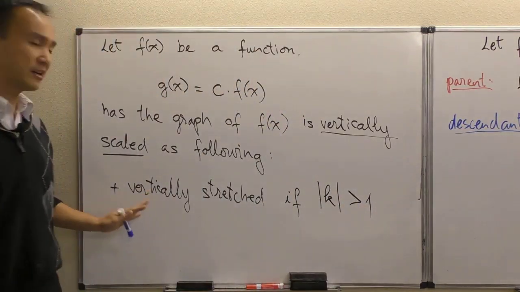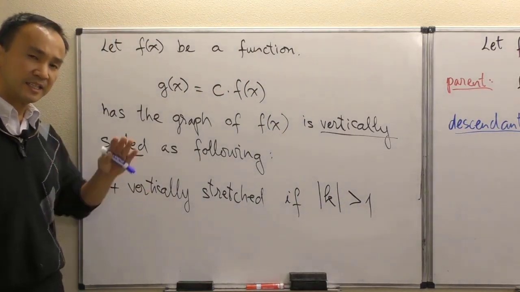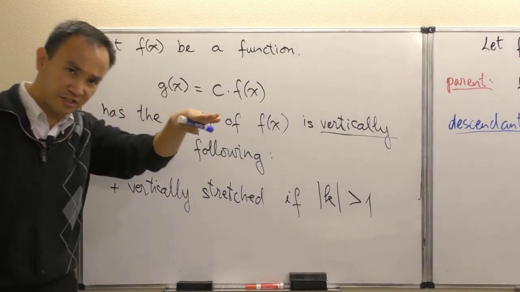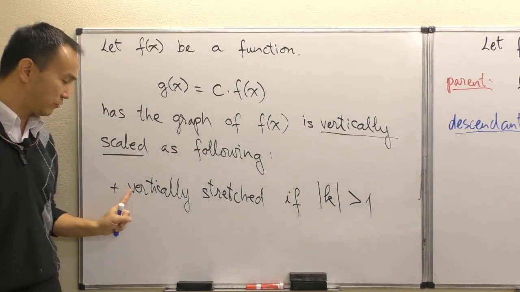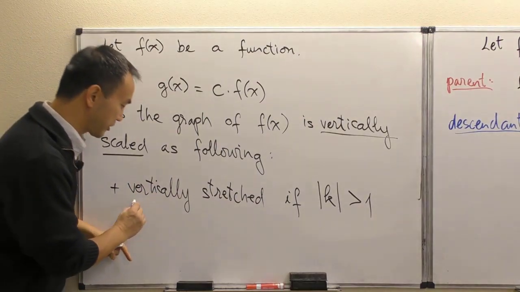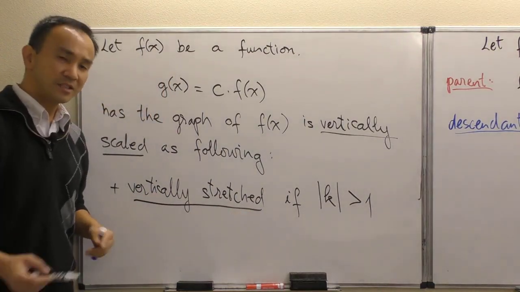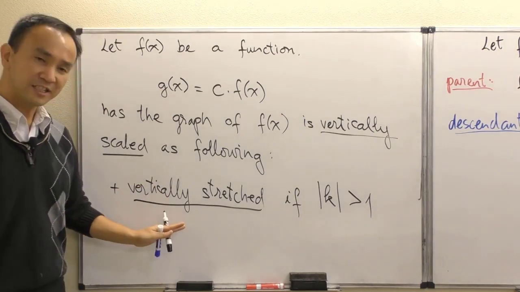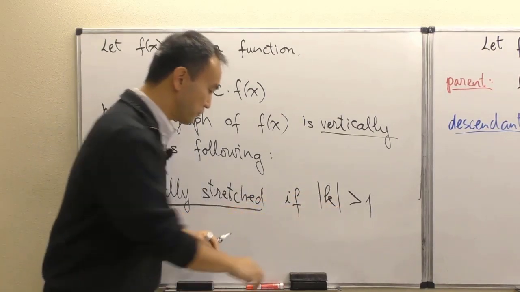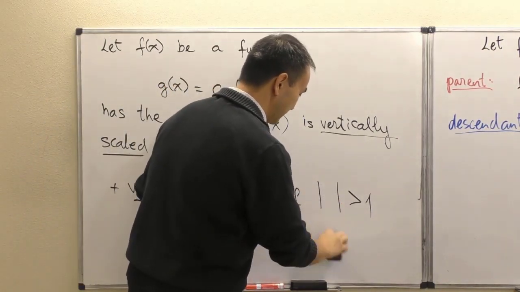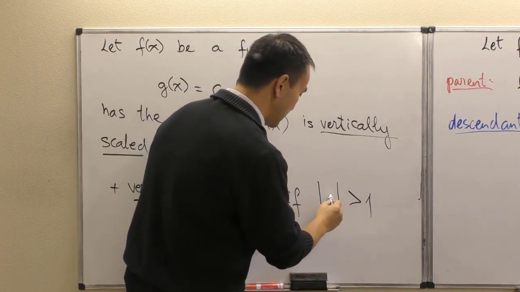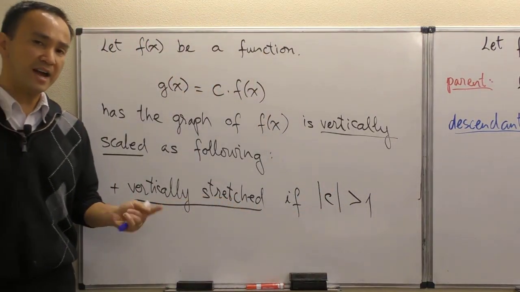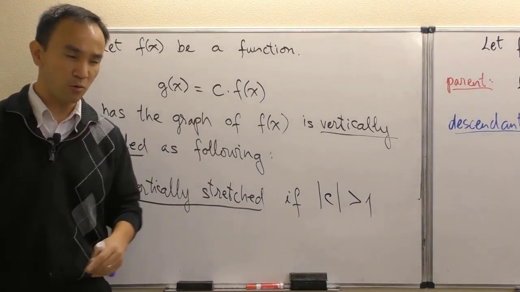Because now, vertically stretched, I can see two ways: either stretch in the positive way or stretch in the downward way. But any time we're looking at vertically stretched, it means it gets farther away from the x-axis. If the absolute value, and allow me to correct this, I mean c. Absolute value of c is greater than 1.